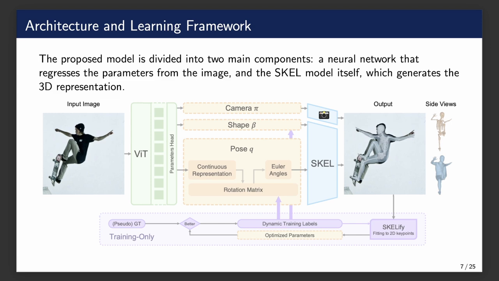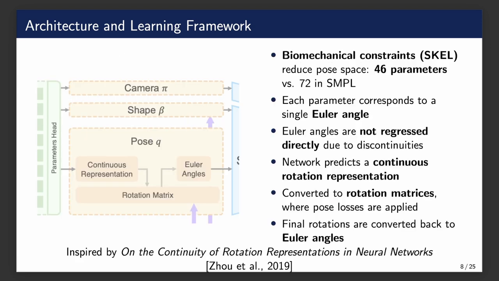Let's delve deeper into this architecture. First of all, let us talk about the SKEL parameters that this ViT has to infer. These parameters are, as I said, the pose and the shape parameters. The pose parameters are 46 parameters, not the 72 in the original SMPL paper. This is because the constraints that are posed on the joints reduce these parameters from 72 to 46.